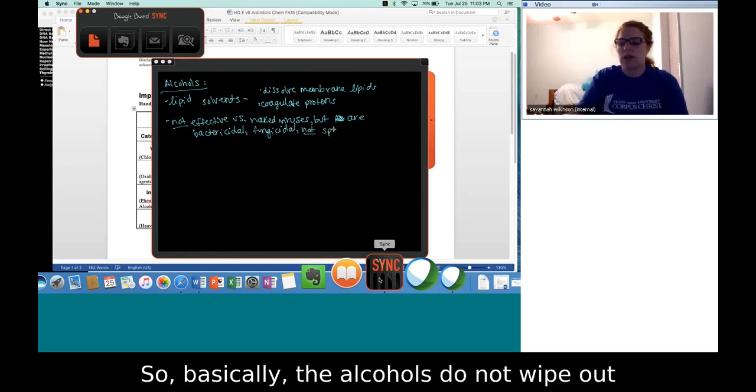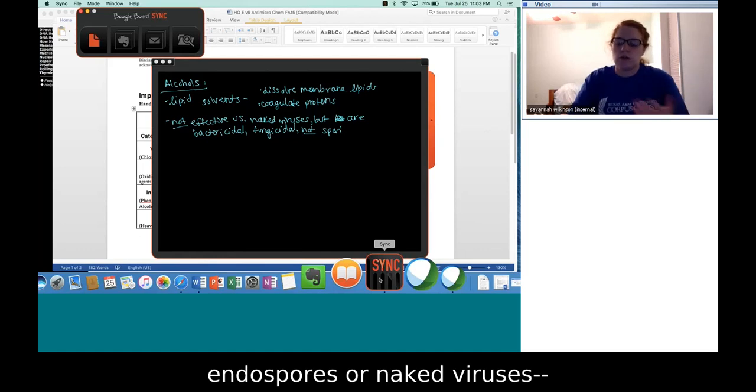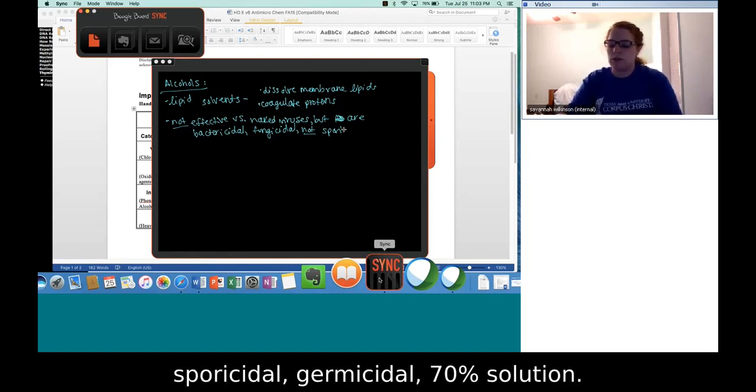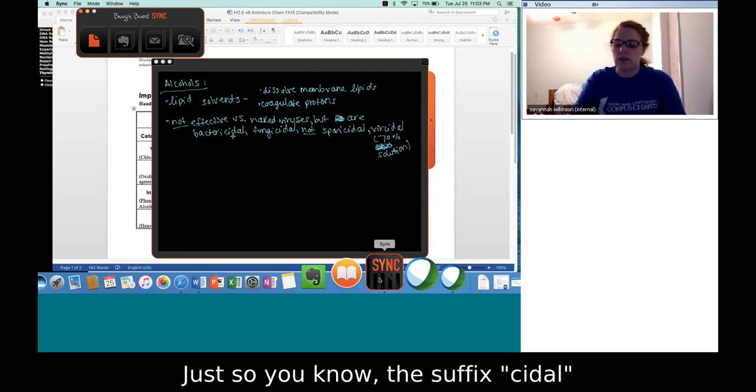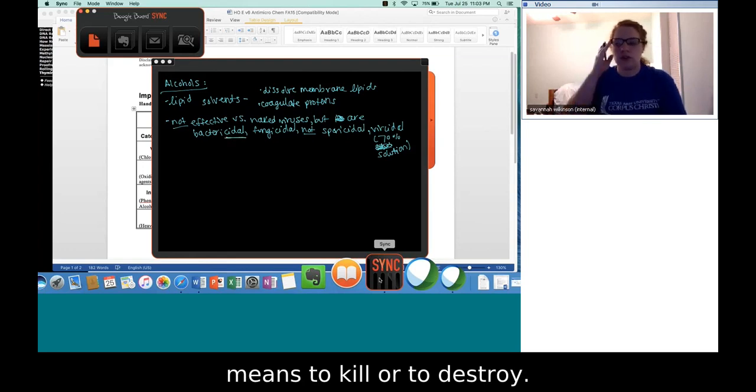So basically, the alcohols do not wipe out endospores or naked viruses. A 70% solution. Just so you know, the suffix "cidal" means to kill or to destroy.